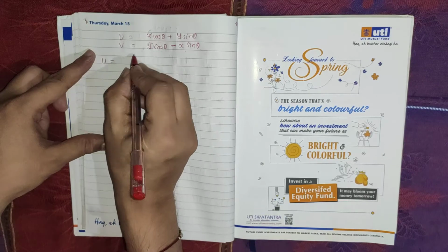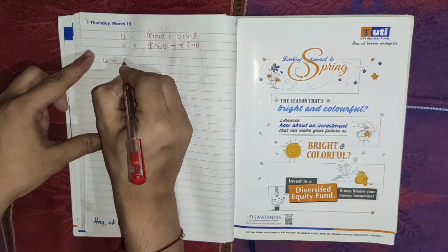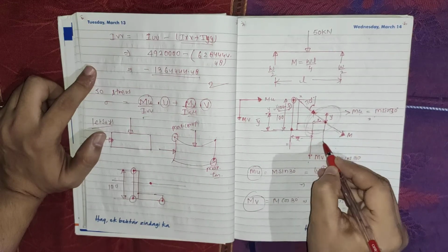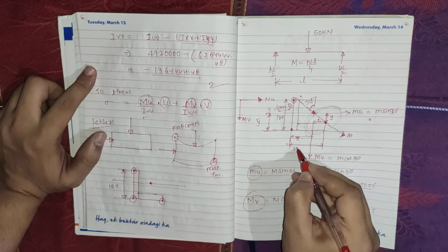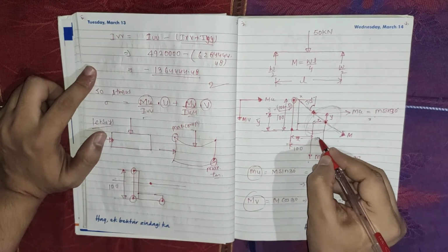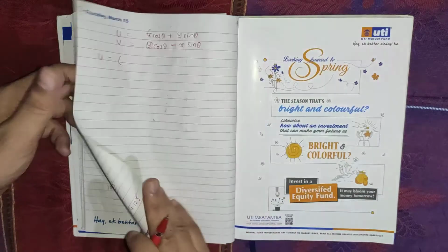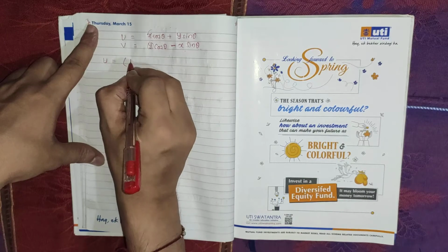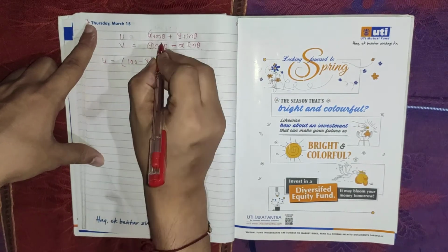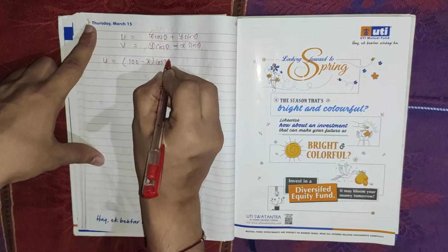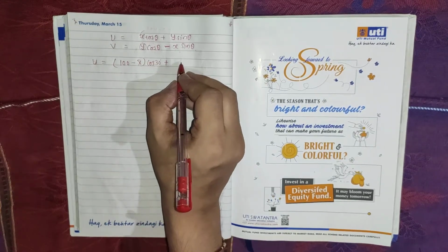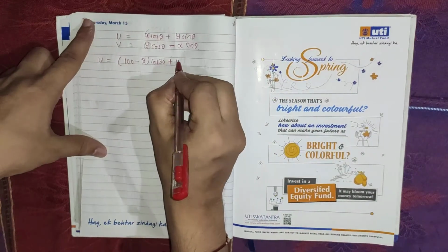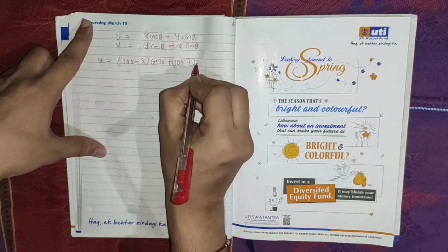So calculate the value of u. X is also the same thing. This is x and this value is 100. Then x is 100 minus x bar. Put this value in x cos theta plus y sin theta. Then u is 100 minus x bar, theta is 30, cos 30, plus y, which is 100 minus y bar, sine 30.